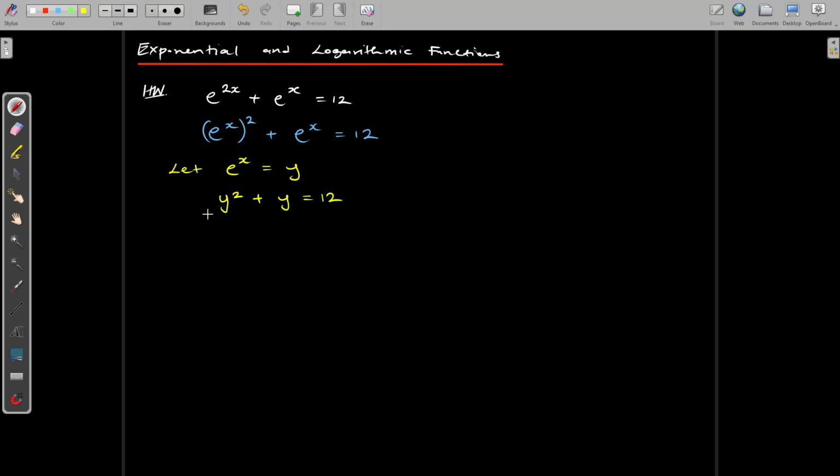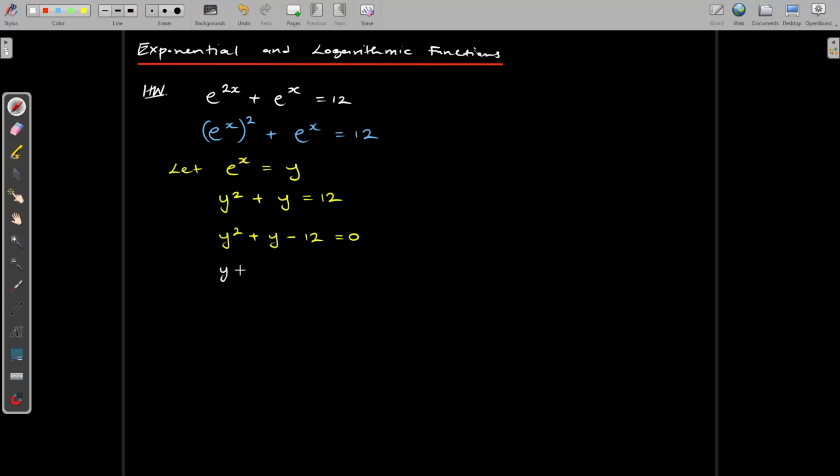Now we can transpose the 12 to get this in the general form of a quadratic. So this is y squared plus y minus 12 is equal to 0. From this point, we should be able to use the AC method to solve this. So this is looking like 4 and negative 3.